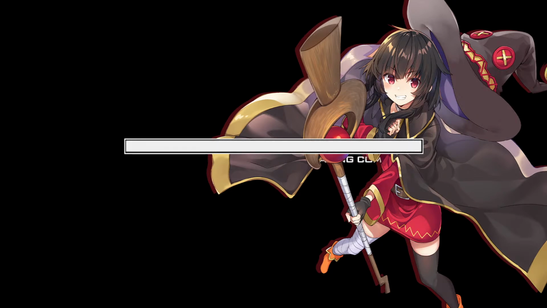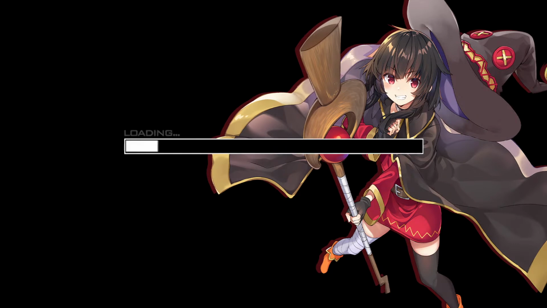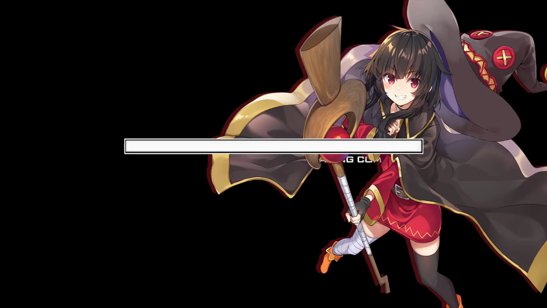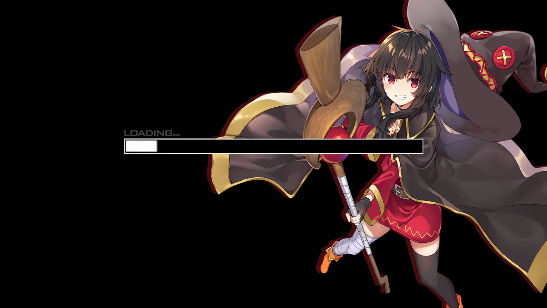Session has expired. Okay. That's weird, but alright. Oh. It's loading. Actually loading.